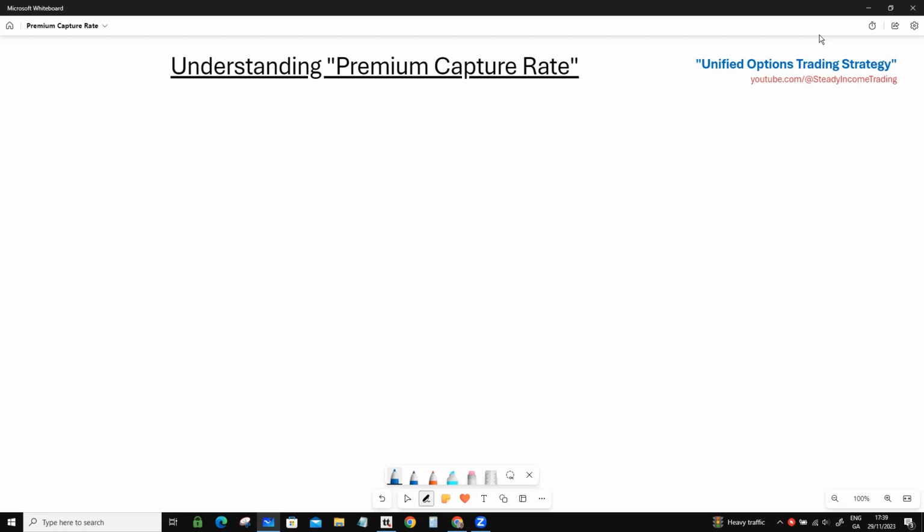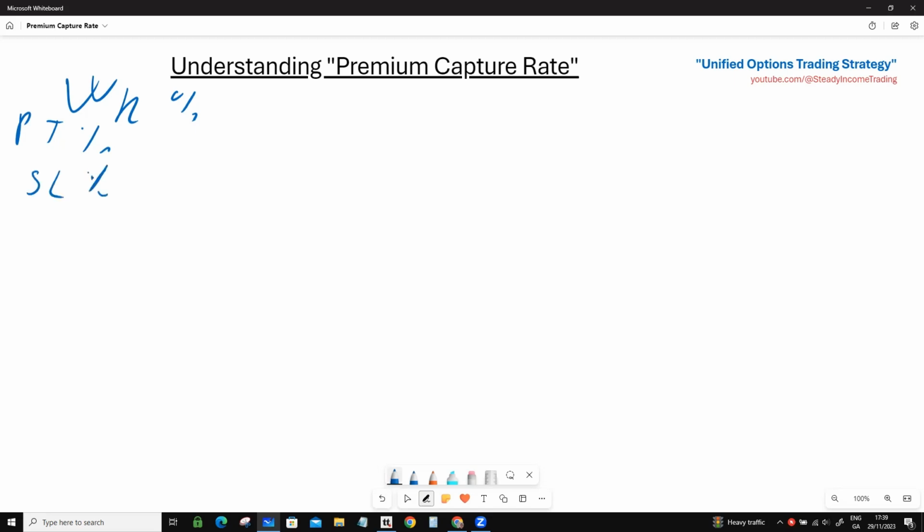Let's create a scenario for a couple of different trades, with different parameters for similar trades, just to see the different PCR that we can get. To calculate the PCR for any strategy, you need just a few things. You need the winning rate, and let me write that down, a winning rate in percentage. You will need a profit take percentage, or profit target, and you will need a stop loss percentage.